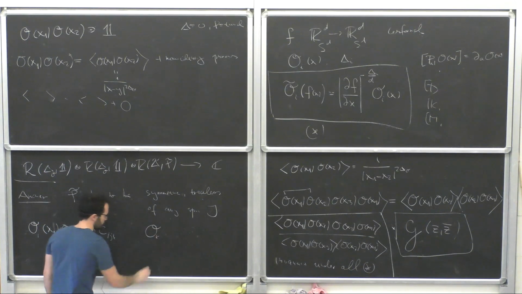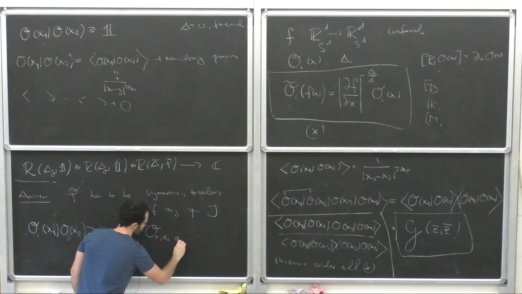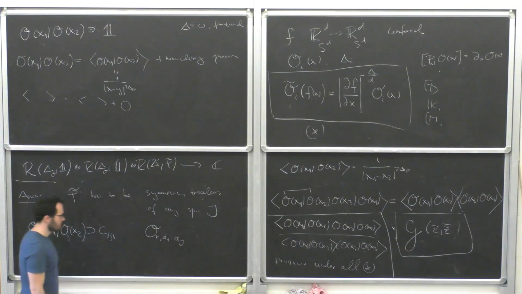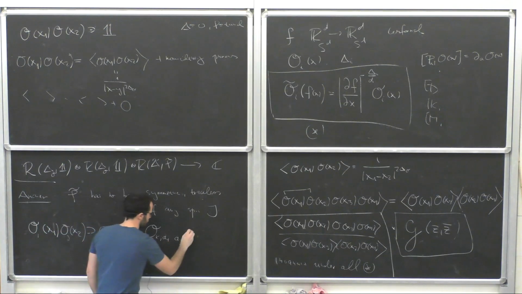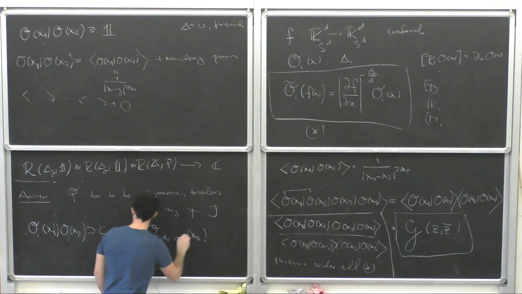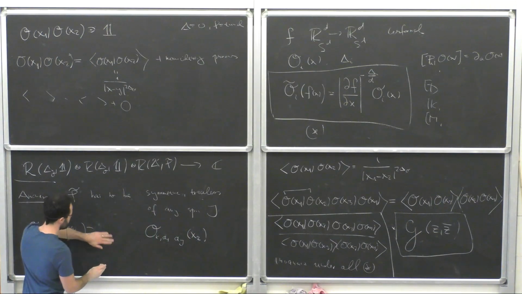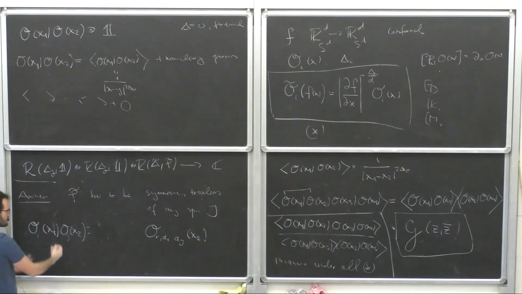But it's symmetric and traceless, so it carries indices. It carries j vector indices under which it's symmetric and traceless. I think I'm going to need more space. But these indices have to be contracted with something because there are no indices on the left-hand side.